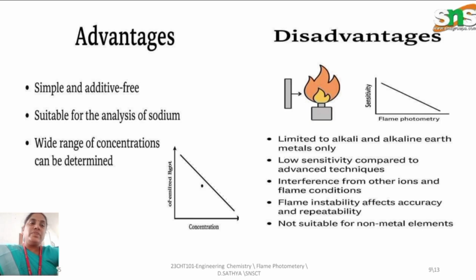The disadvantages are that it is limited to alkali and alkaline earth metals only, so we can't use it for other metals. It has low sensitivity compared to advanced techniques, and flame instability affects accuracy and repeatability. It is not suitable for non-metal elements like carbon and nitrogen.